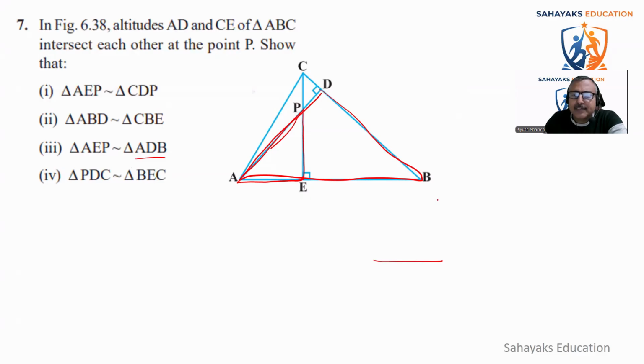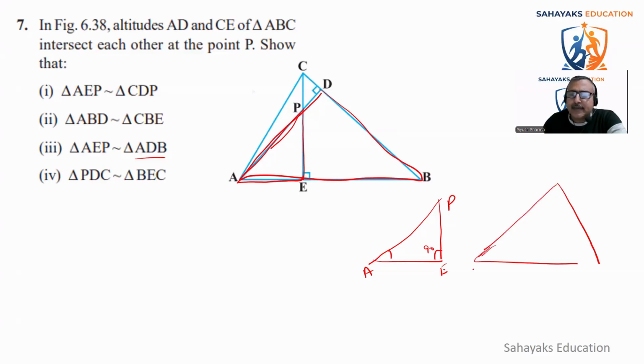I'm making the first triangle: A, E, P. This angle is 90 and this angle is A. And the second triangle we make like this: angle A is equal to A, and this angle is equal to 90.